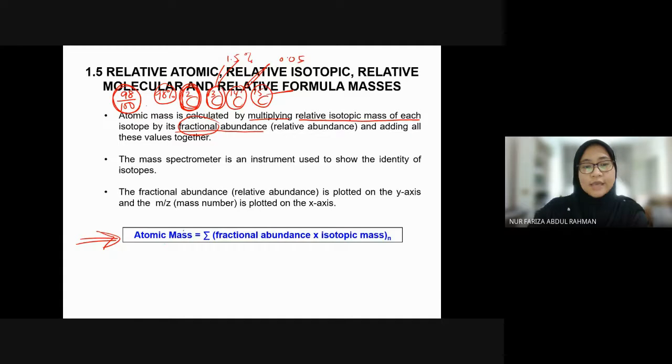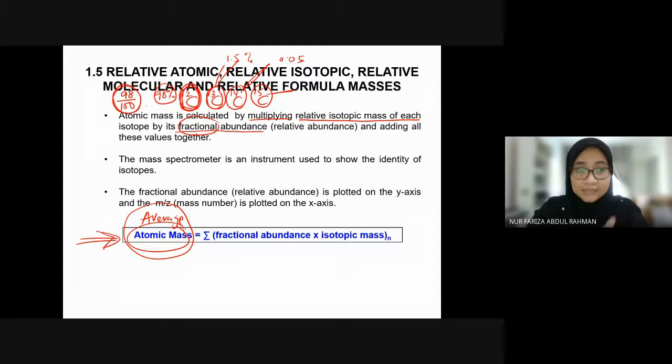We have atomic mass, or sometimes it is called average atomic mass. If the element has isotopes, the atomic mass represents the average atomic mass. If the element does not have isotopes, the atomic mass is not an average atomic mass. Atomic mass can also be called isotopic mass. Please take note of that.